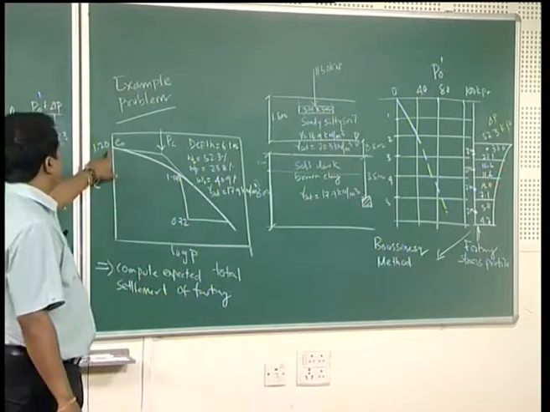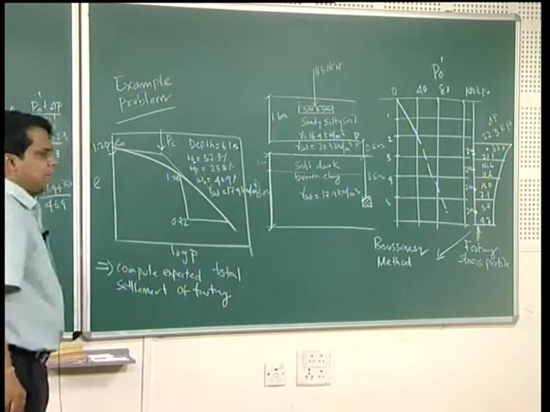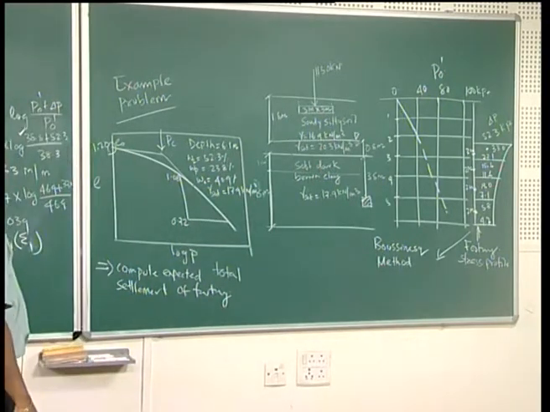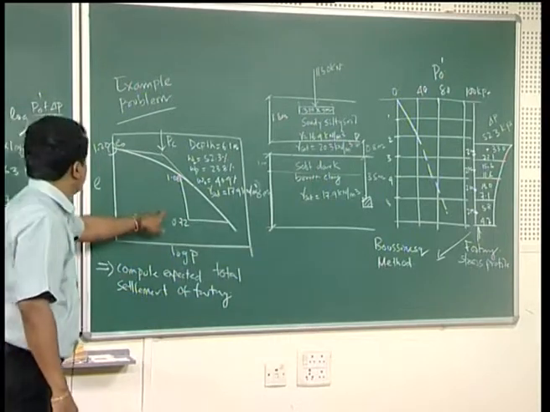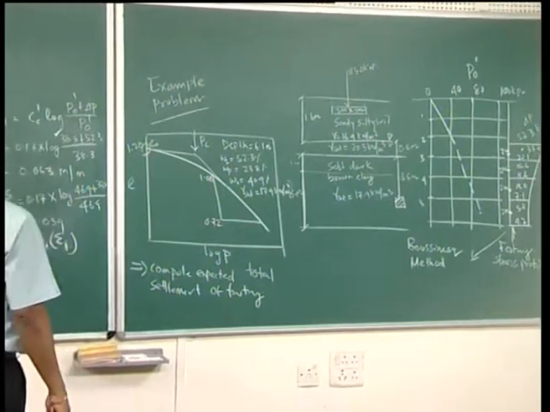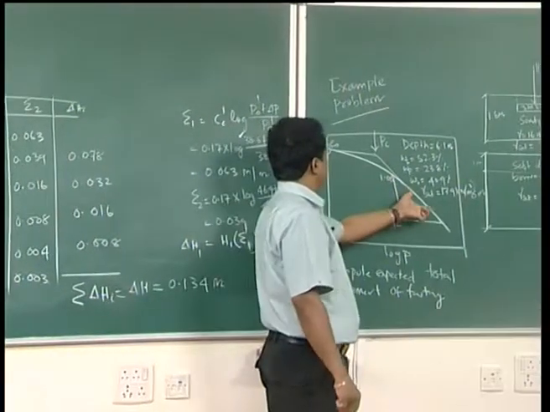With this graph, once again you can get your e0 value. You can get e0, as well as you can find out your Cc. Either you get Cc from here or you can get Cc from empirical correlation. So, here we got Cc from here.